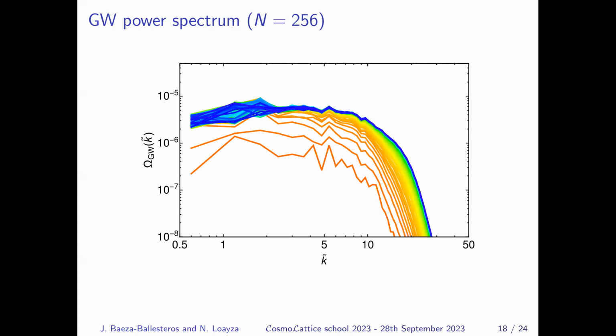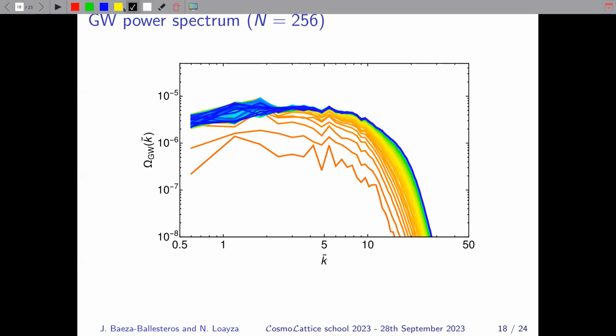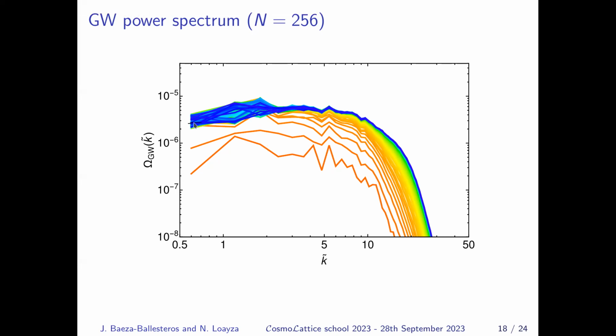In this plot, you cannot see it because the resonance parameter is not large enough. That's the reason. If you choose a resonance parameter large enough, you will see a bump at the larger K values, and then the peaks of the self-resonance. So you get something like this: a peak, then a peak, and then towards the UV you will have a bump.